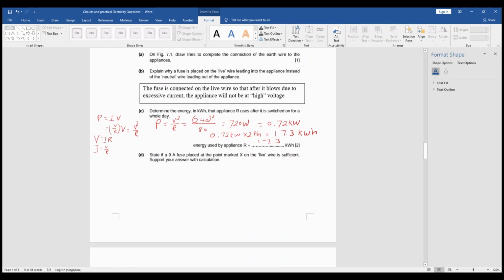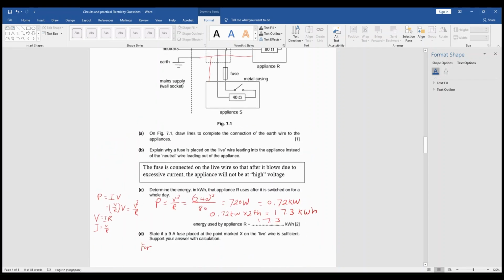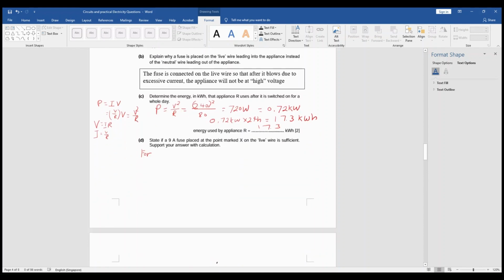So in this case, we'll use V equal IR for appliance R and S, right? For R, 80 ohm. V equal IR. Appliance R: V is 240, I is unknown, R is 80.